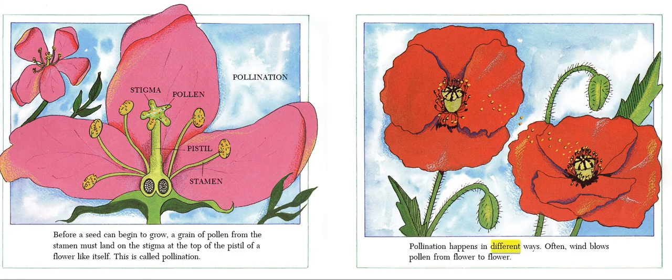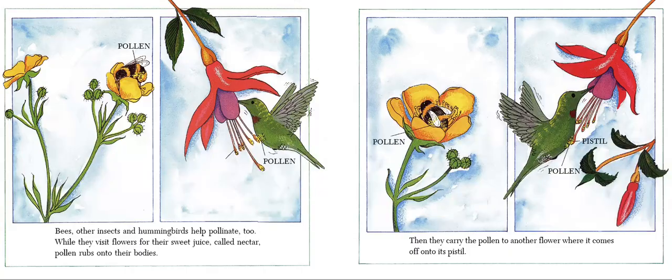Pollination happens in different ways. Often, wind blows pollen from flower to flower. Bees, other insects, and hummingbirds help pollinate too.